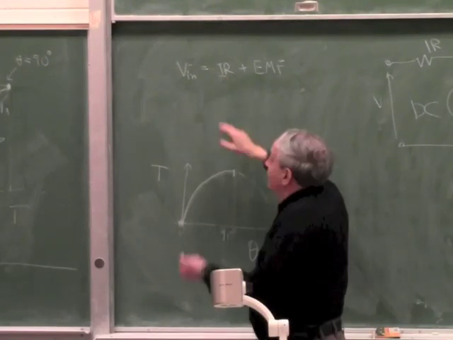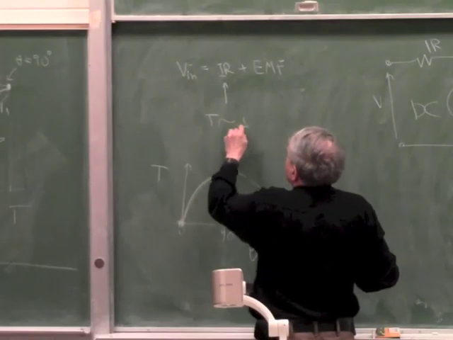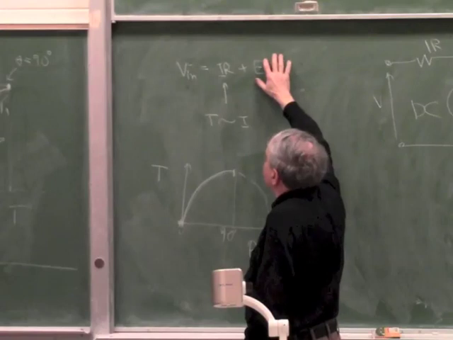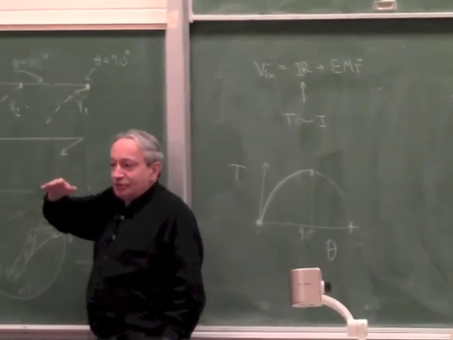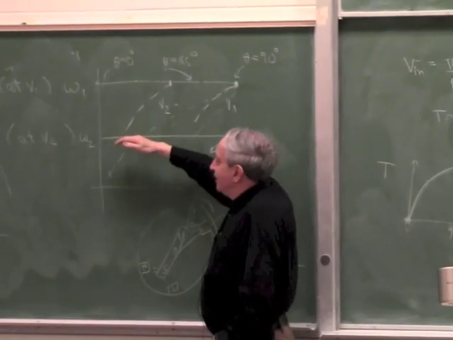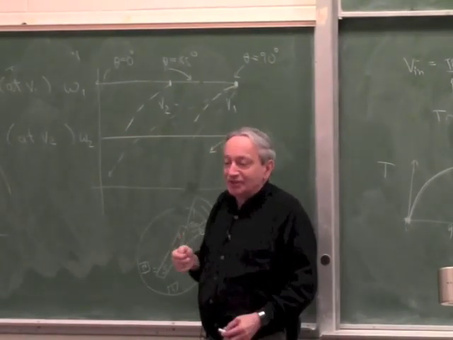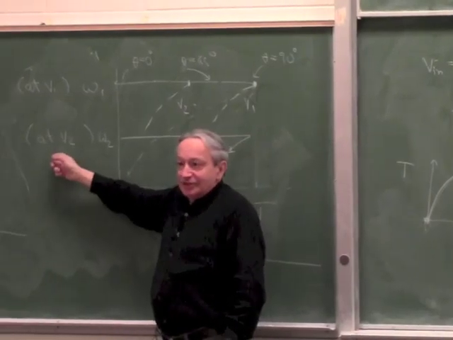Remember, torque is proportional to I. So if I give it a lower voltage and the same EMF, then I goes down, torque goes down. But if I intentionally want to change the speed and I lower omega, there will be less back EMF, so for the same torque or the same current rating, I have to lower the voltage.